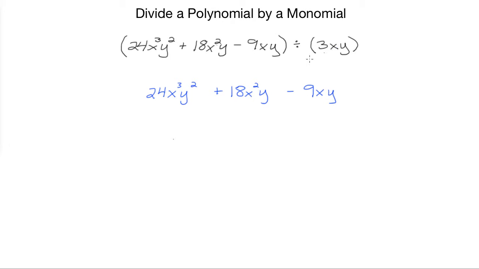But instead of doing the division on the end, I'm going to put the division more as like a fraction, and I'm going to divide each term. So you almost have to think of it like the distributive property. Every term inside is being divided by 3xy. So I'm going to go ahead and distribute and show it as division.